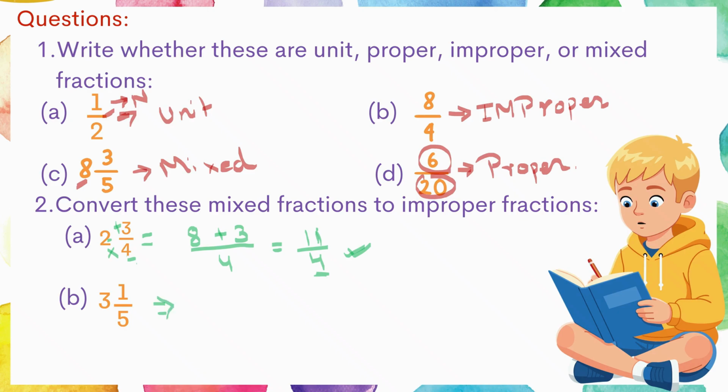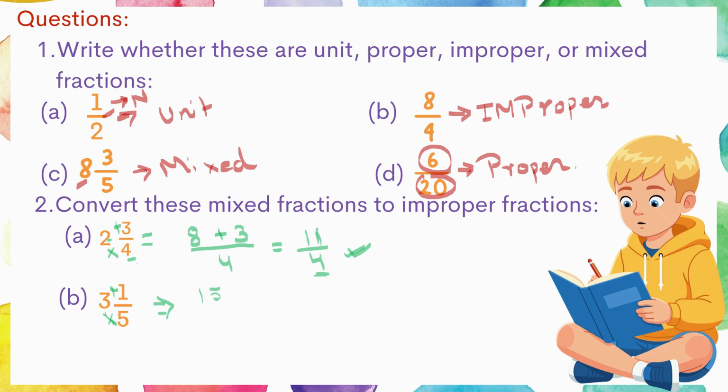Now, can you help me to finish this? How do we convert the mixed fraction to the improper fraction? We have to multiply this and we have to add this. So let's add. Okay, 5 3s are 15.